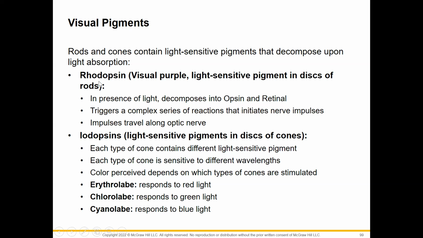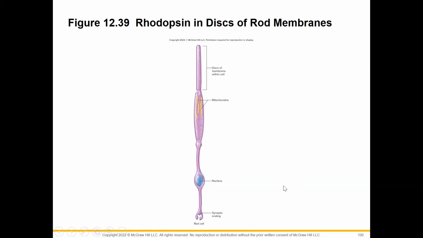Rhodopsin is in the rod. This is what allows you to see shades of gray, black and white, and darkness. And then the iodopsins are these three different light-sensitive pigments associated with the cones, allowing you to see color.